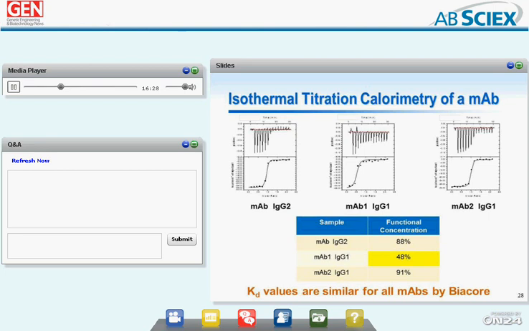Now, having these straight out of production, the MAB2 IgG1 showed 90% functional concentration, but MAB1 IgG1 did not. The KD values were similar for all of the MABs by Biacore, which shows that at least the binding efficiency is the same for each of the MABs.